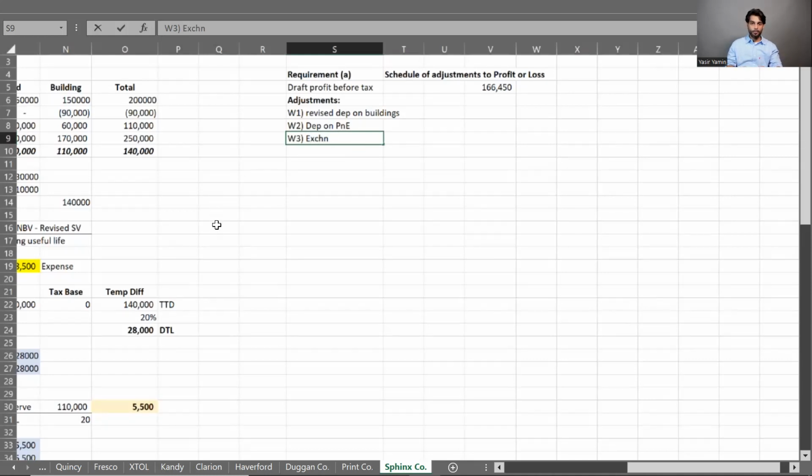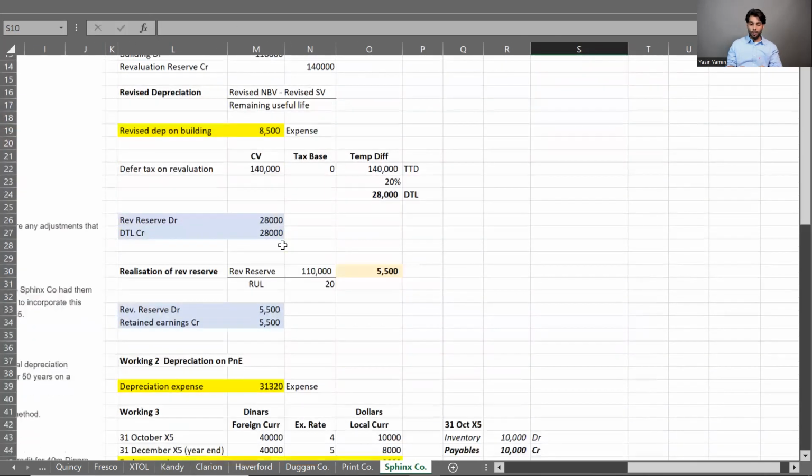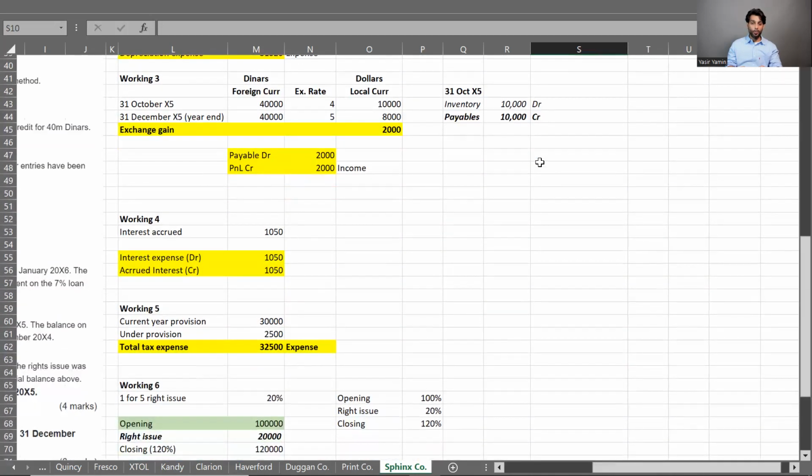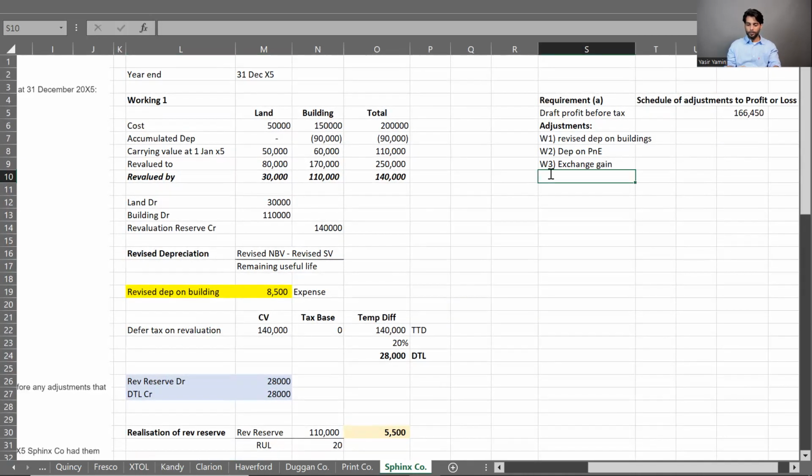Then moving on, working number four, interest accrued 1,050. Interest accrued. Done. We are done with this as well.